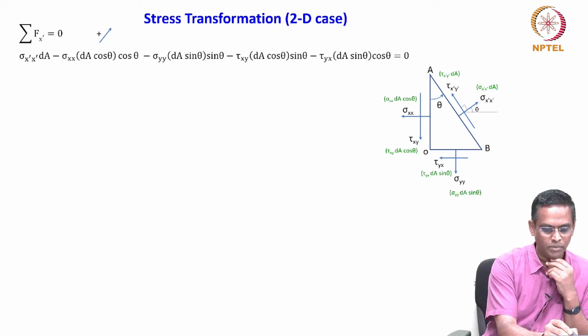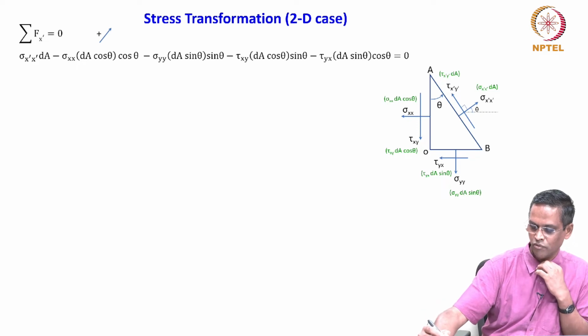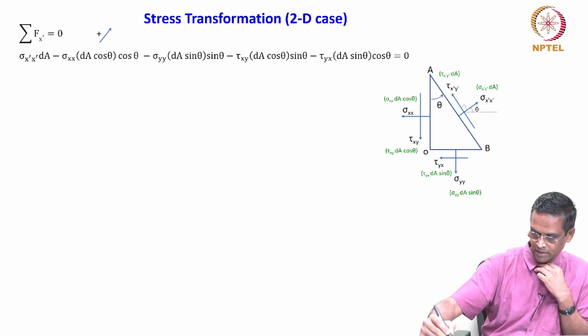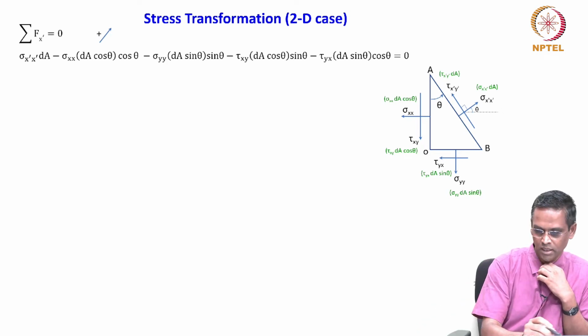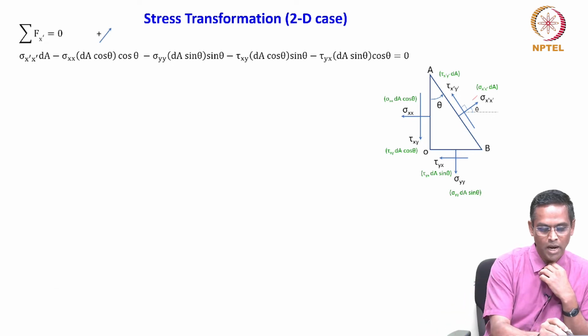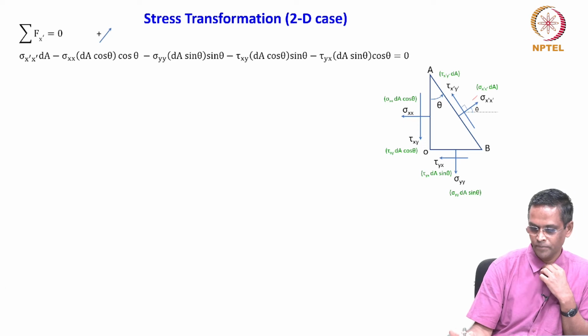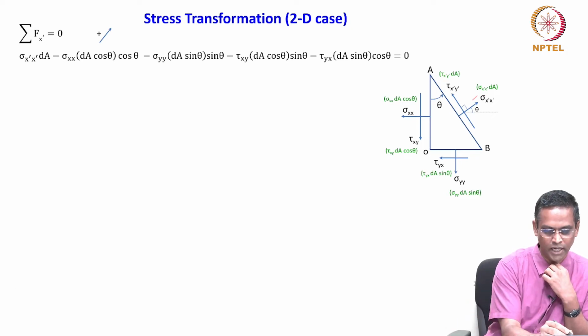Sigma x prime dA is the force acting on this plane, the normal force I said, and this area AB plane is dA. This force is positive because we are looking in this direction, and minus sigma xx dA cos theta. As I said, that is the projection, vertical, and this force is negative because you are looking in this direction. So, negative sign, sigma xx dA cos theta.